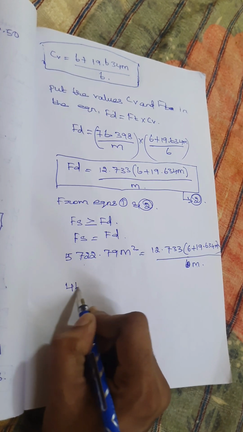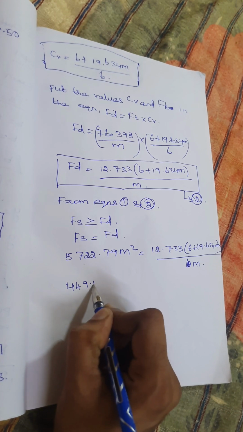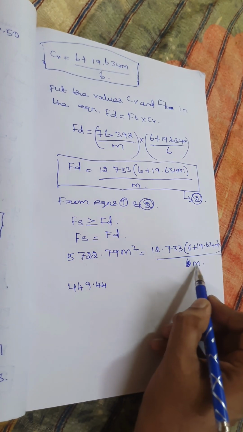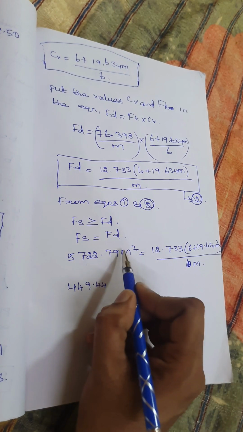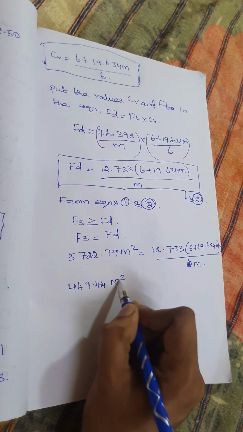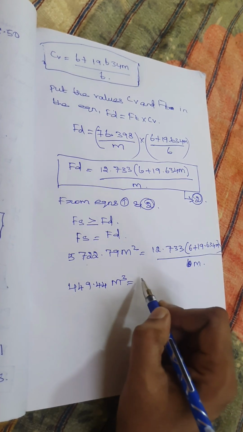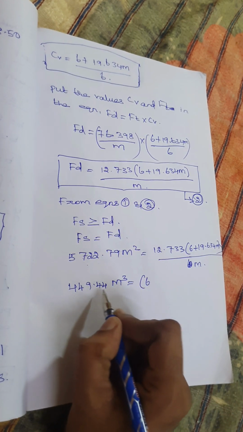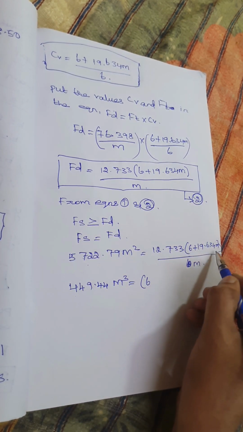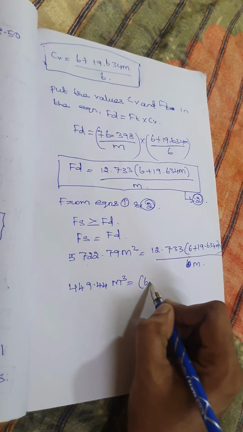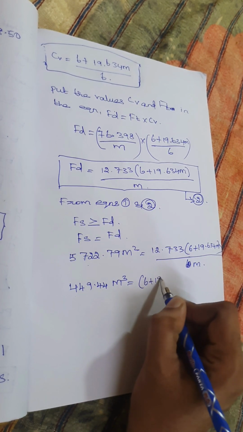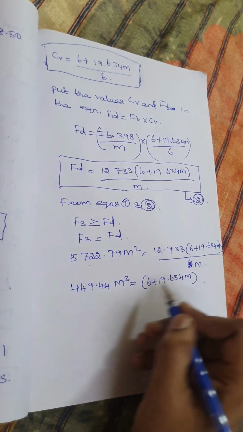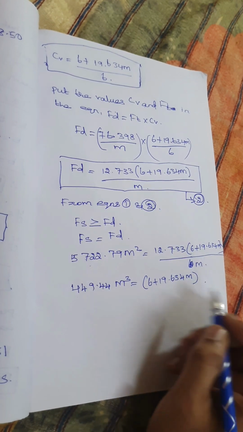That value is 449.44, and this m, if it goes to this side, then it will be m cube. So the final value can be 449.44 m cube, and this value will not be changed, so we write it here, 6 plus 19.634 m. So now we have found another equation.